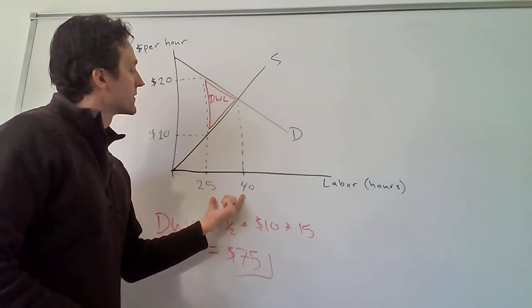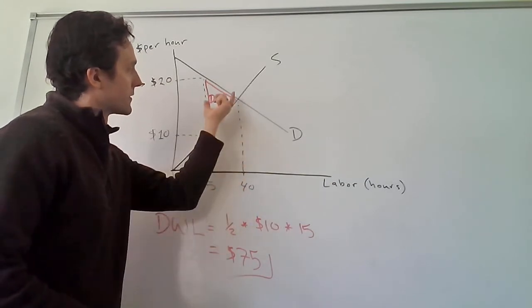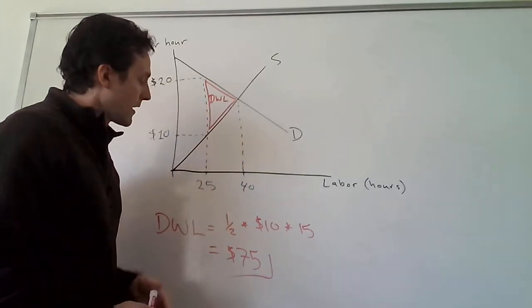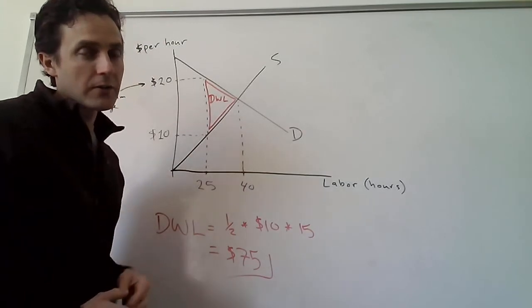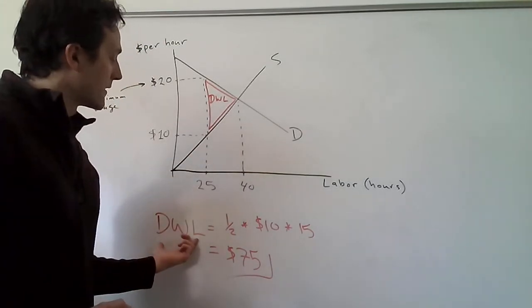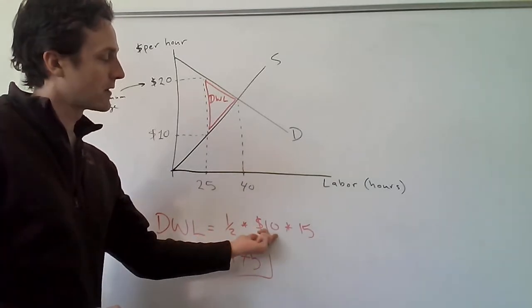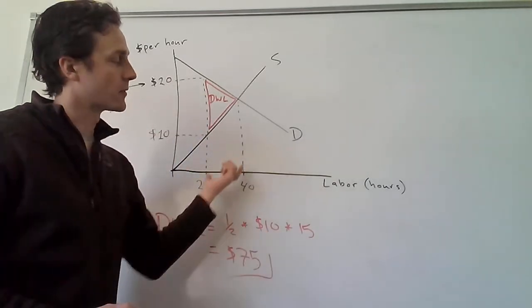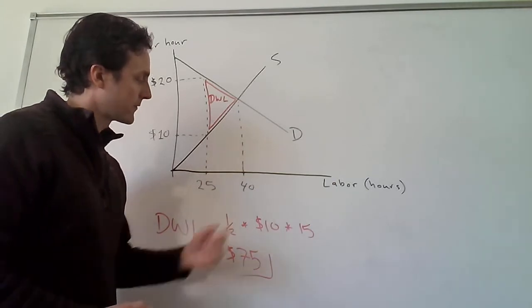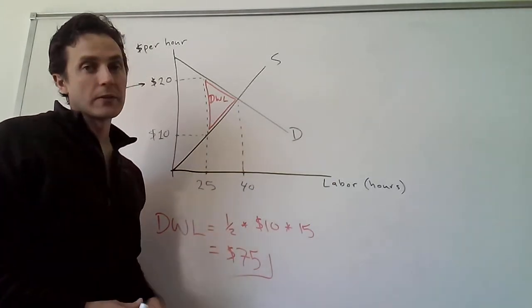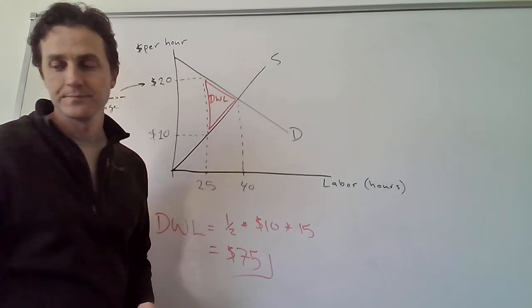Since we have those two dimensions, we can find the area of the triangle. The deadweight loss equals the area of the triangle, which is 1/2 times $10, the vertical dimension, by 15, the horizontal dimension. So 1/2 times $10 times 15 is equal to $75. All right, thank you.